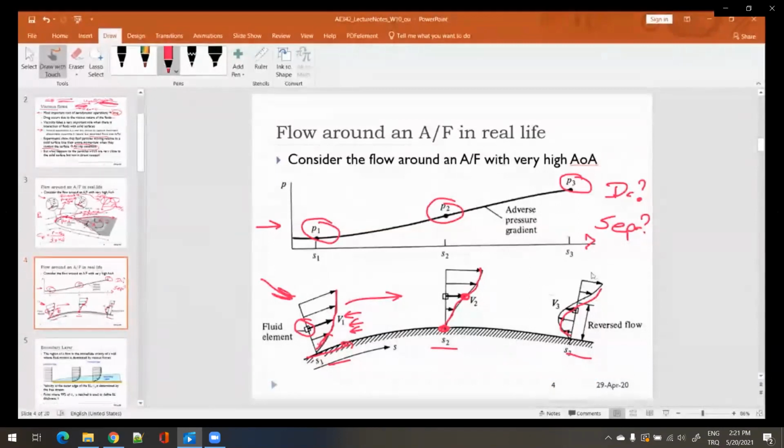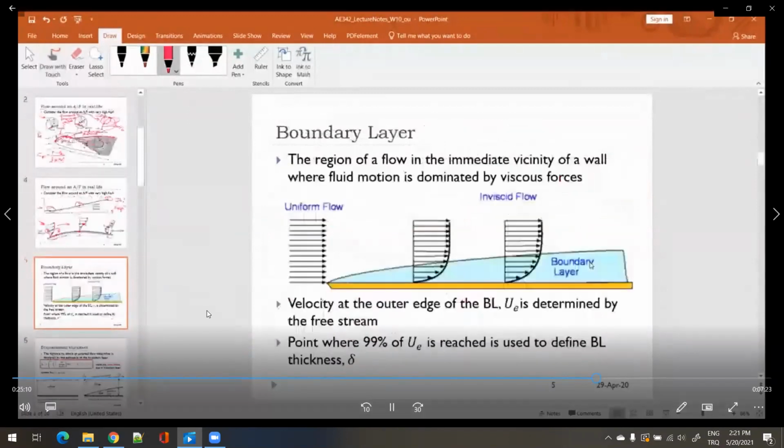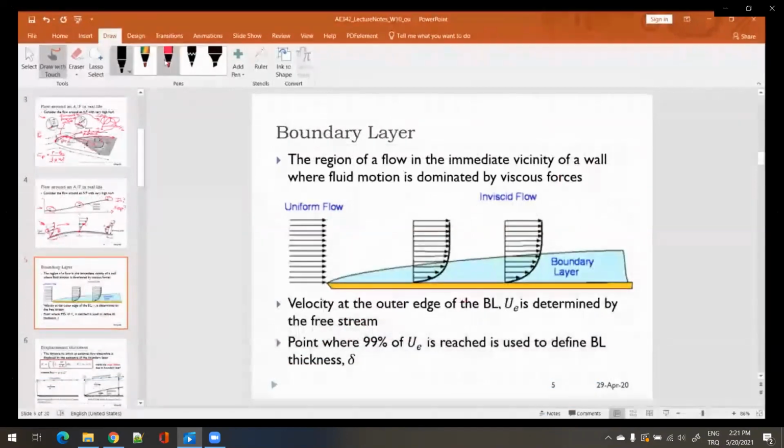Okay, so we now come to the concept of the boundary layer, which we started discussing. The concept of boundary layer, as written in this definition here, is the region of a flow in the immediate vicinity of a wall where fluid motion is dominated by viscous forces.